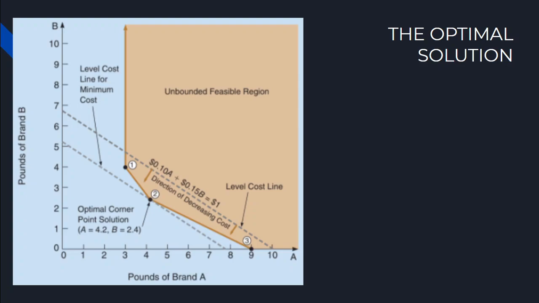So this time, ang i-assume natin is yung ating minimized cost. So kunwari, doon sa ating equation na 10 cents A plus 15 cents B. So, kunwari, ang hinahanap nating minimized cost is, let's say, $1.